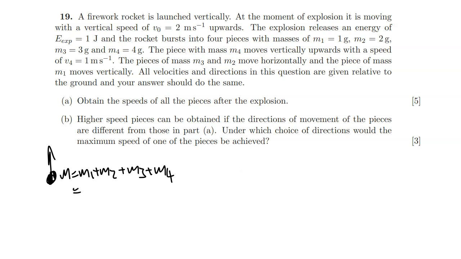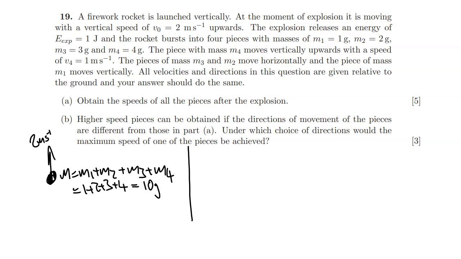This will be 1 plus 2 plus 3 plus 4, which equals 10, and that's all in grams. And we know that initially the vertical speed is 2 meters per second upward. So that's before the collision, and when I say collision, I really mean explosion.